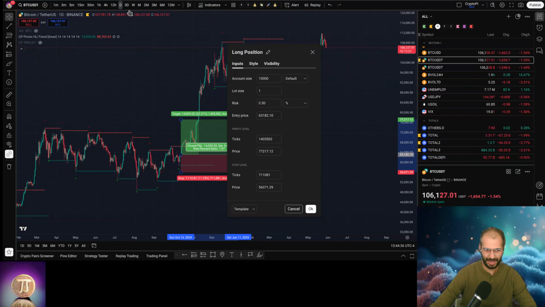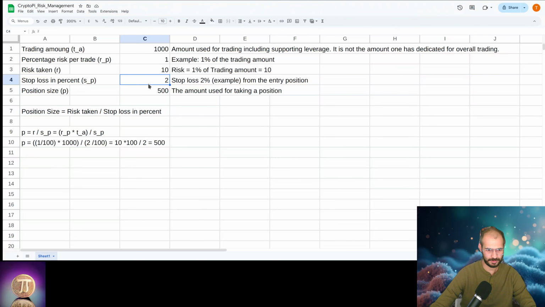And once you have your stop loss, once you define how much risk one wishes to take, one can easily compute position size per trade.